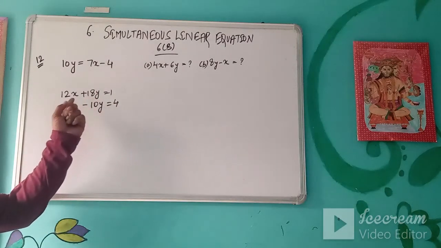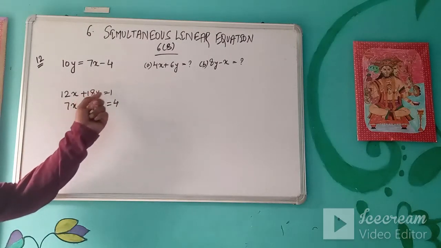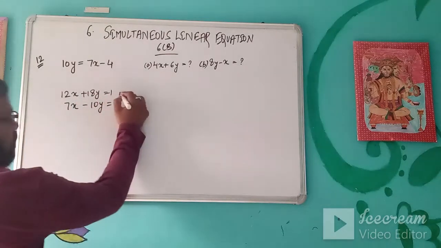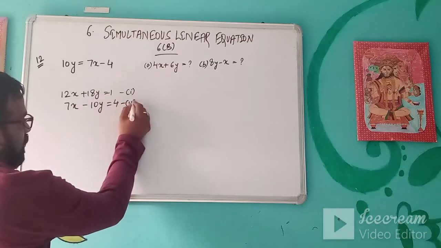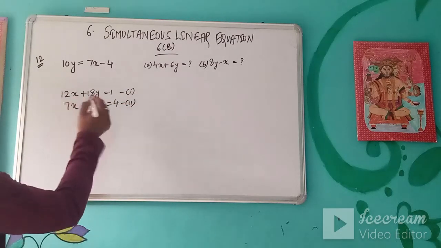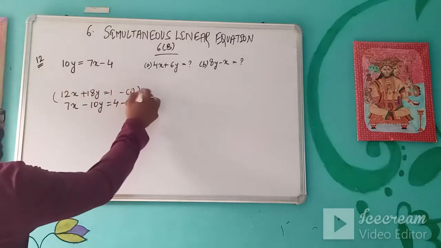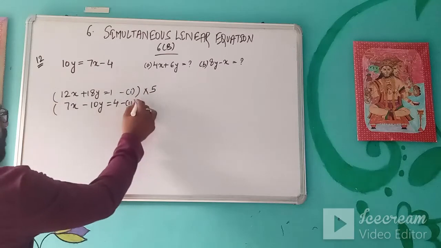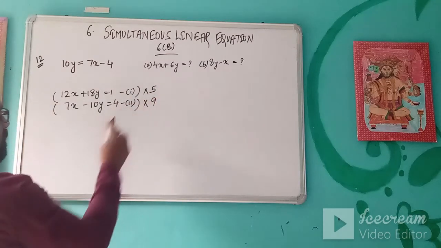Now we will make either the y coefficients or the x coefficients equal. This is our first equation and this is our second equation. Let's make y equal. So I will multiply both sides by 5, and here I will multiply both sides by 9. Why?